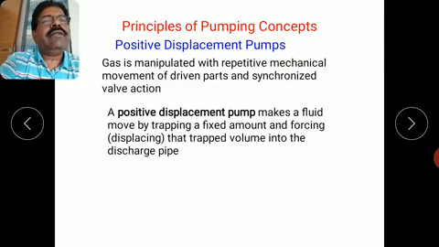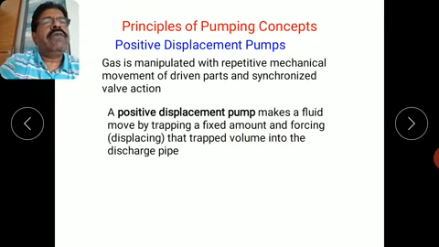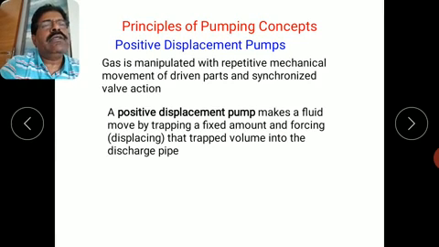Then you can see that the positive displacement pump makes a fluid move by trapping a fixed amount and forcing that trapped volume into the discharge pipe. So some limited volume of the gas is trapped in some moving parts and that is forced to move towards the discharge pipe.